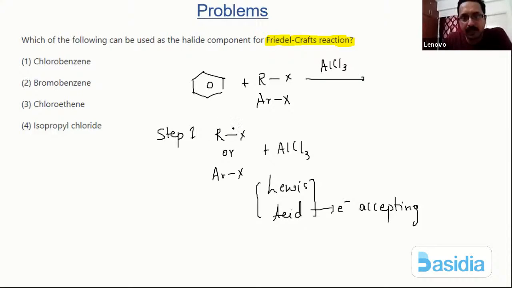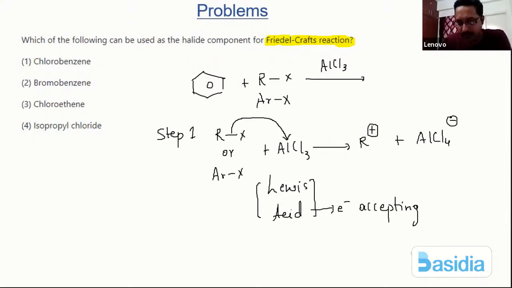So now in the first step, what exactly happens here? RX or ArX reacts with AlCl3. The X gets combined with AlCl3, giving you the R plus, the carbocation, and along with that there will be AlCl4 negative charge.